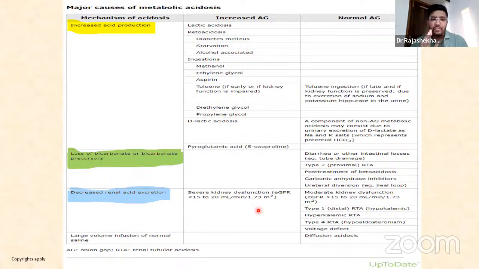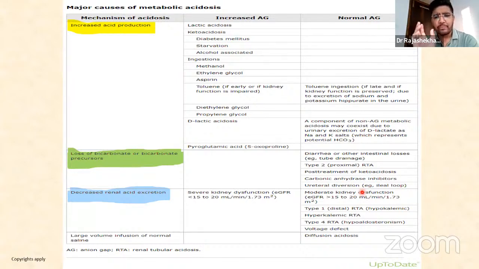Kidney failure can cause both a high anion gap and a normal anion gap metabolic acidosis. But for all practical purposes, if the examiner wants a single answer on the type of metabolic acidosis in kidney failure, we use increased anion gap metabolic acidosis.